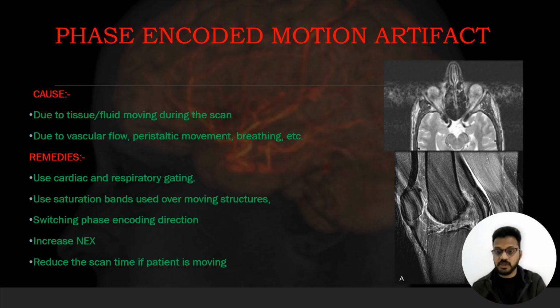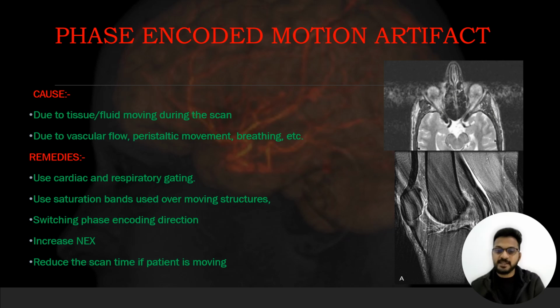We can use respiratory gating or cardiac ECG gating while doing abdominal imaging or cardiac imaging, and we can switch the phase encoding direction to avoid pulsation artifact in the knee joint or similar regions.